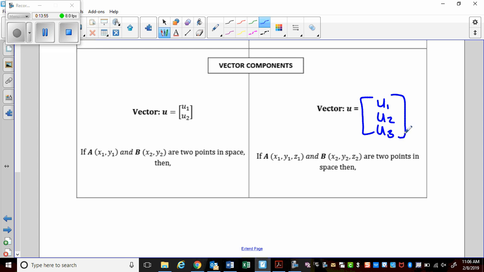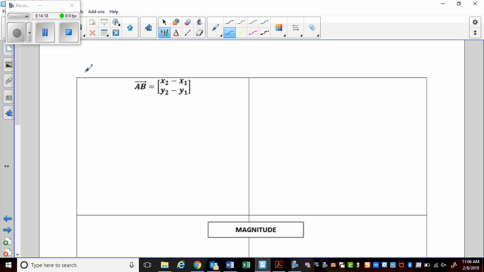Okay, let me see, keep going. Okay, so if they said in the last page it's A and B is this, then AB, the vector, is going to be x2 minus x1.